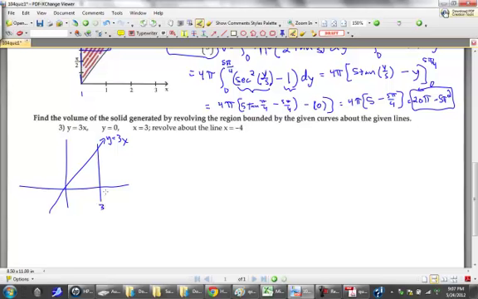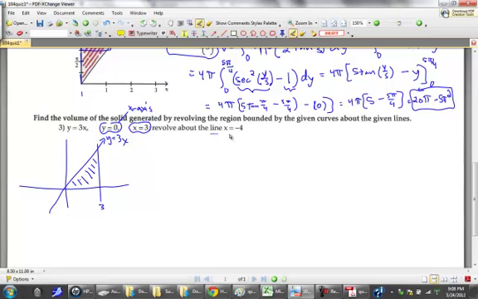That's a vertical line. Y equals 0 is the x-axis. And so I guess we're looking at this region here. I'll just shade this region in here.